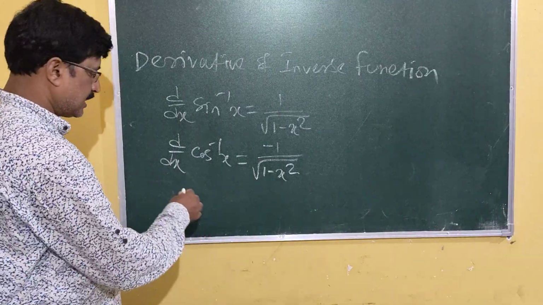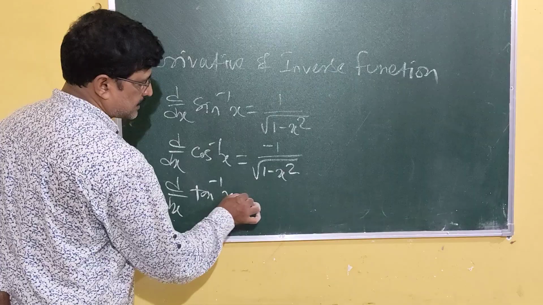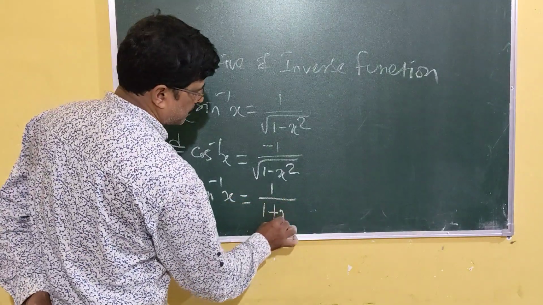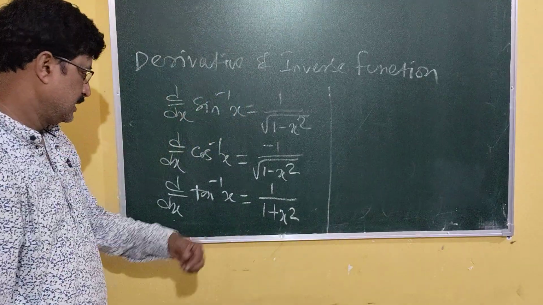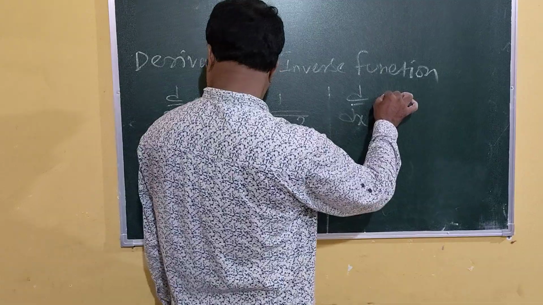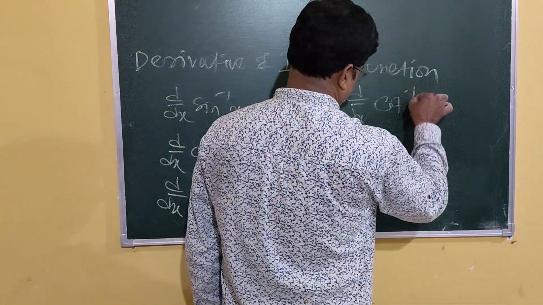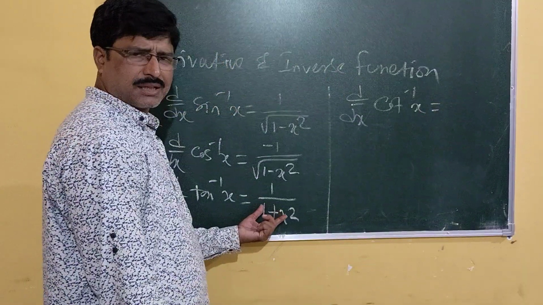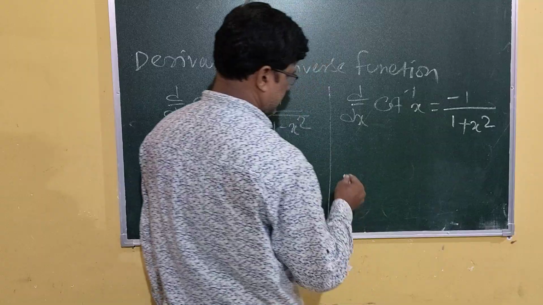Similarly dy by dx of tan inverse x is equal to 1 by 1 plus x square. There are 3 other formulas also. That is d by dx of cot inverse x, similar to this one, is equal to minus 1 by 1 plus x square.